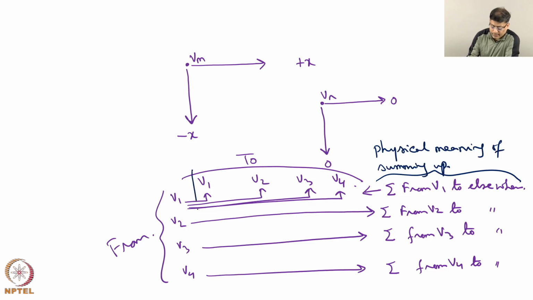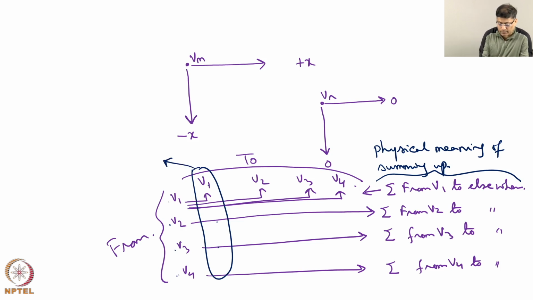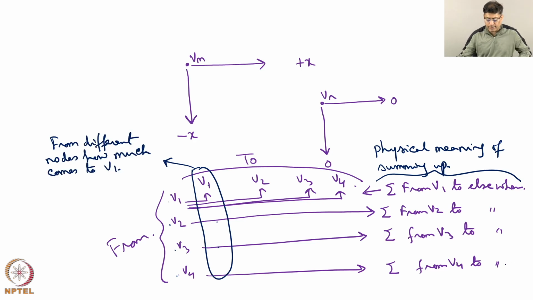And what about this sum up? From V1 how much comes to V1, from V2 how much comes to V1, from V3 how much comes to V1 and from V4 how much comes to V1. So, here it means from different nodes how much comes to V1. So, you can see this is all about income in V1 and this is about outgoing, how much is going out from V1.